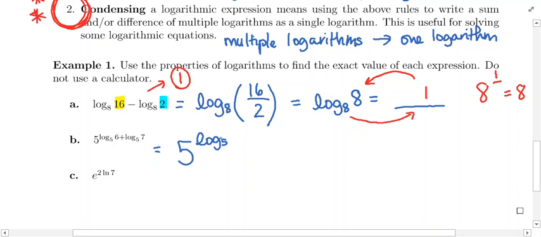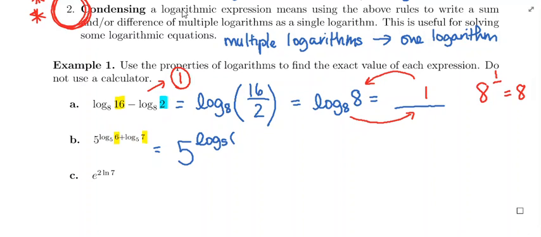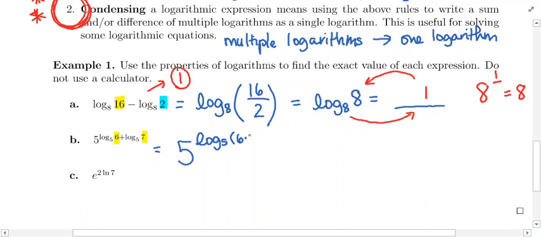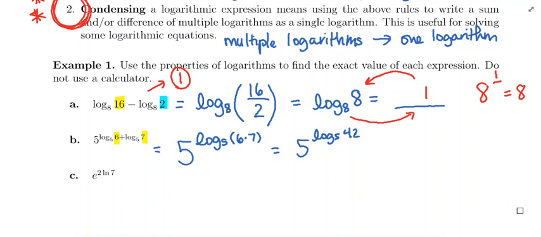Addition will turn into multiplication, so it's going to be 6 times 7. So this is going to be 5 raised to the log base 5 of 6 times 7, which is 5 raised to the log base 5 of 42. We've basically used the first major property of logarithms to combine these two logarithms into one.